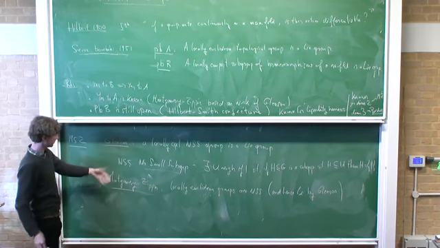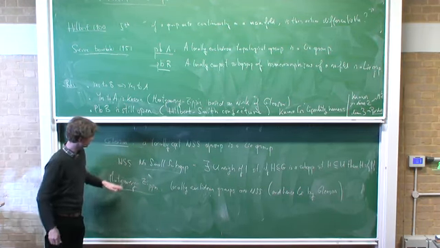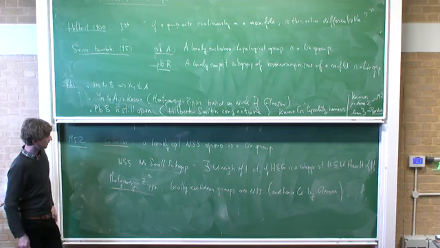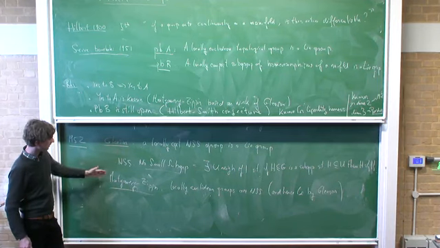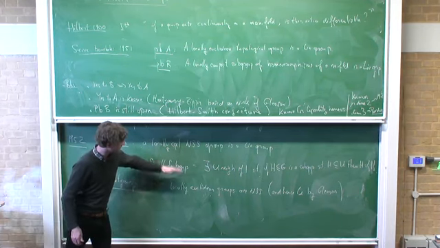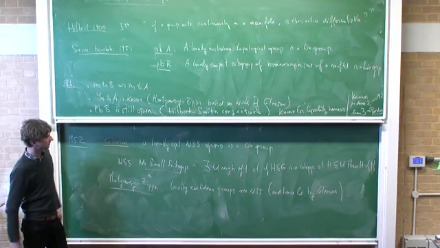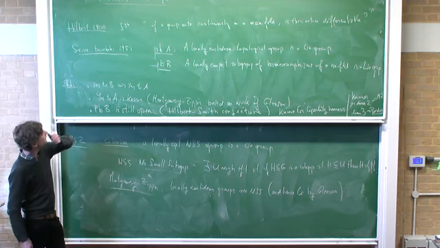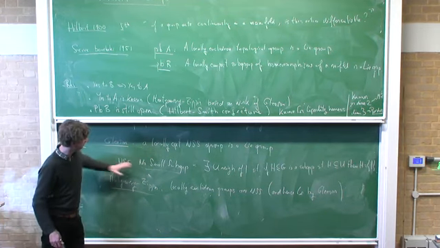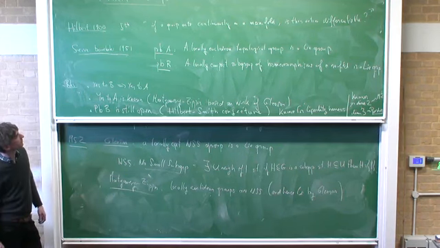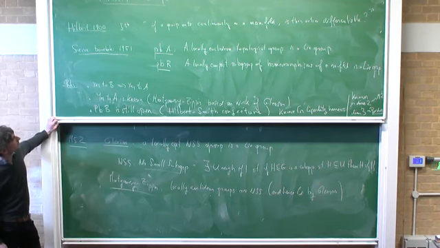So that's why the solution to Hilbert's fifth problem is very often attributed to Montgomery and Zippin. But it also really builds on this work of Gleason. So I think the name of Gleason should not be forgotten from this solution.